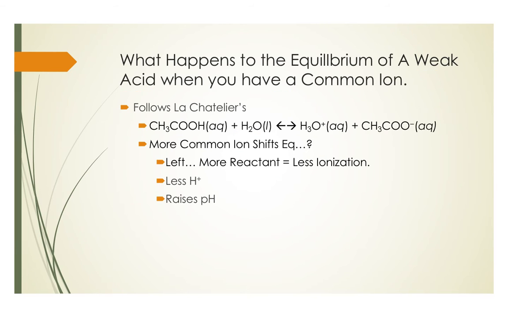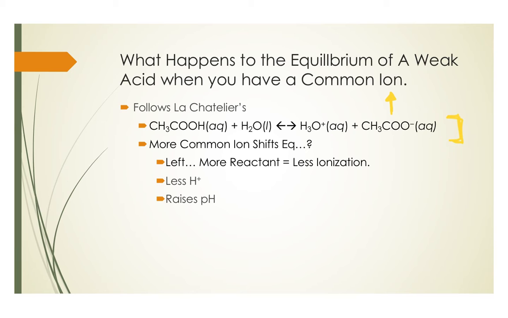This, just like our other common ion situations, is governed by Le Chatelier's principle. For example, if I had this acid-base equilibrium set up, and this is the acetate ion, and I put extra acetate into the solution, then we would have an increase in the common ion.